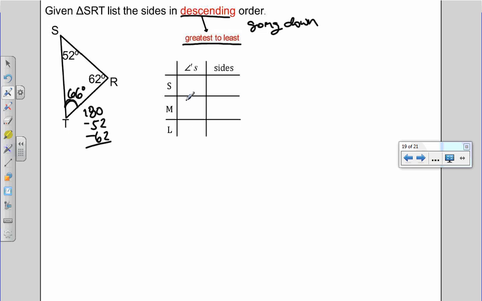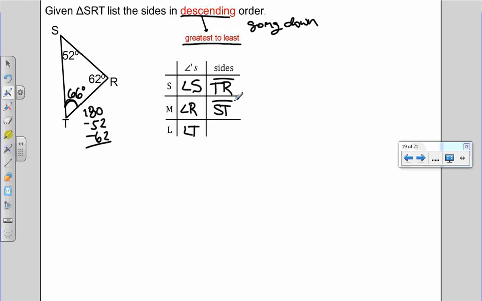So small, medium, large. Angle S is the smallest, coincidentally. Angle R is the medium, and angle T is the largest. If I cover up angle S to find out what's across from it, I see TR is the name of that side. If I cover up R, I see that ST is the side across from it.